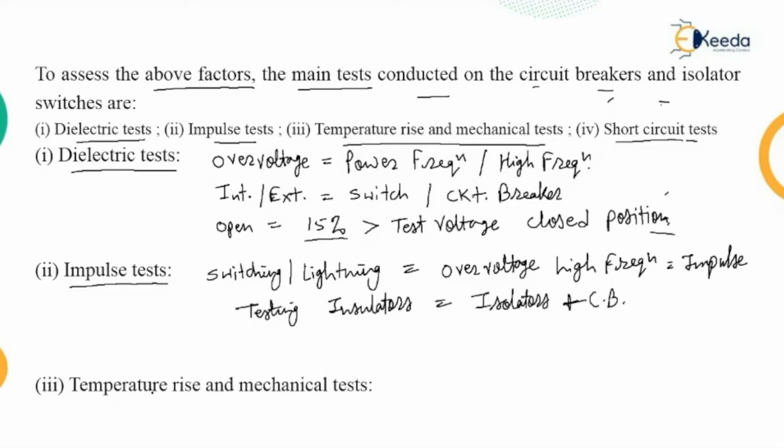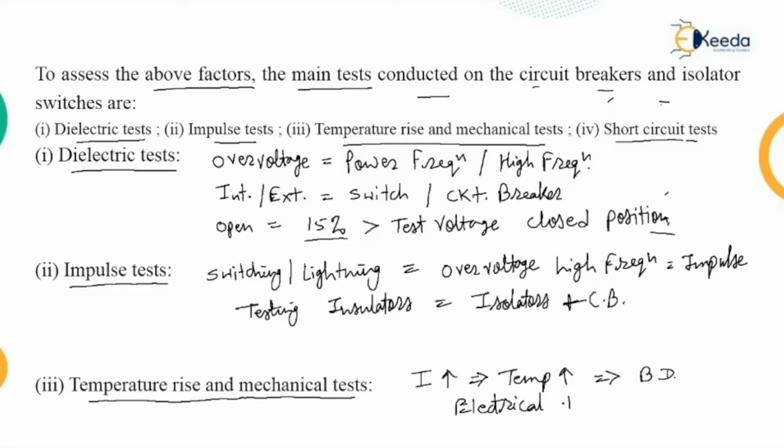Then another test which is conducted is the temperature rise and mechanical test. In this particular case, whenever current flows, the temperature rises, and there may be a chance of breakdown, not only electrical but also mechanical stress, that is mechanical breakdown.